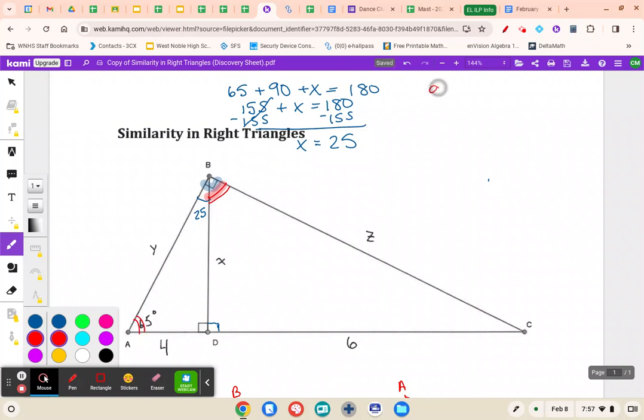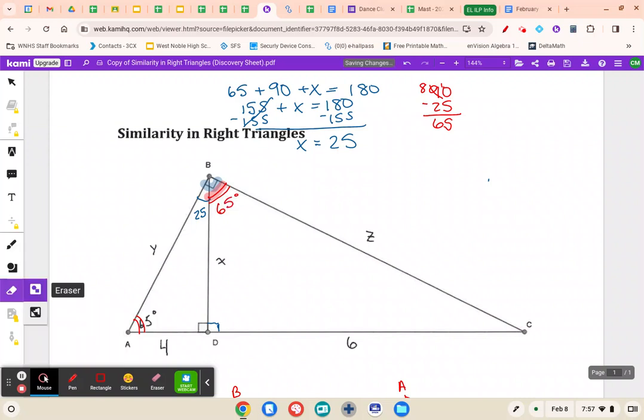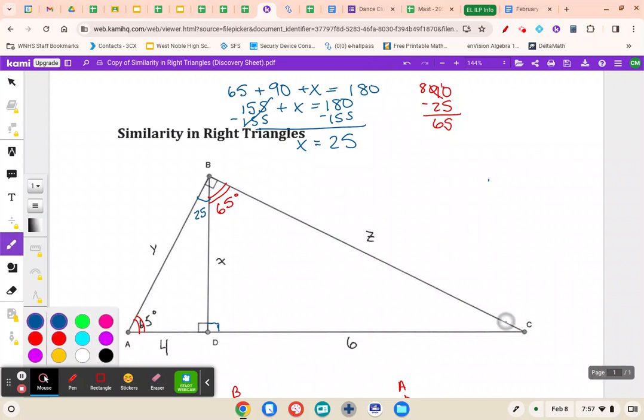I need to take 90 minus 25, and like I said, you get 65 degrees. If you don't recognize it, that's fine. You can still solve for it. That means we are left with 25 degrees down here.